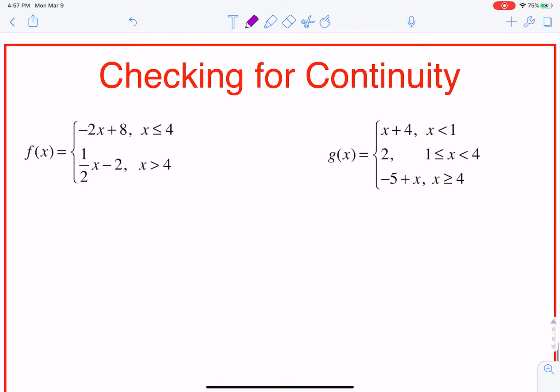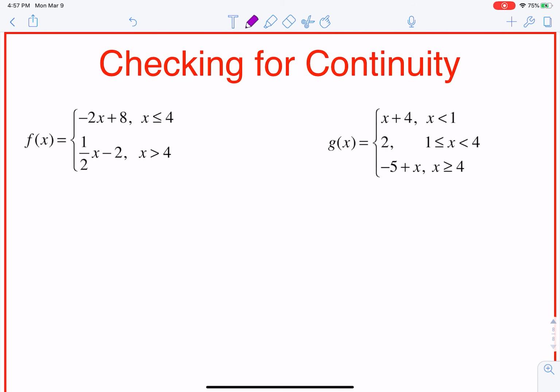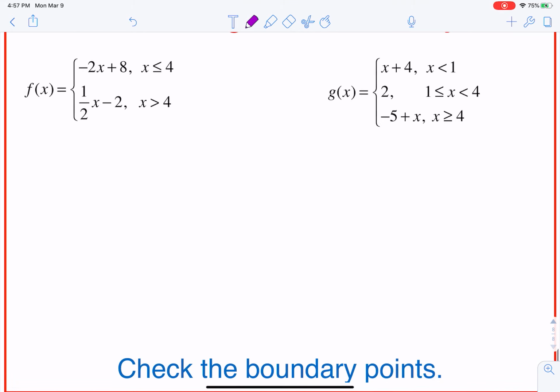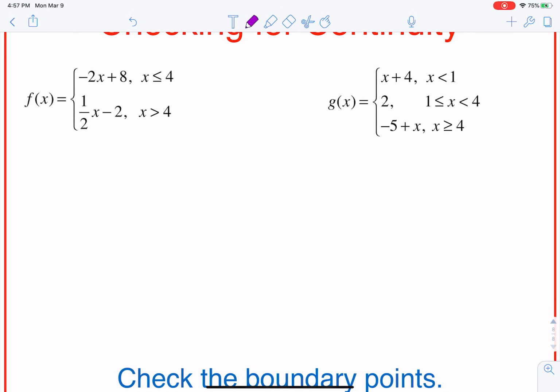So we can also algebraically check for continuity by checking the boundary points, which we can see here. So if I look, my boundary point is 4. And what I want to do is plug in 4 into both of these equations. So -2 times 4 plus 8, and 1/2 times 4 minus 2.